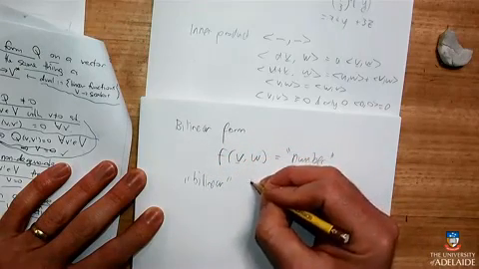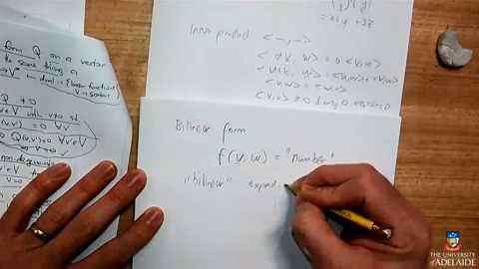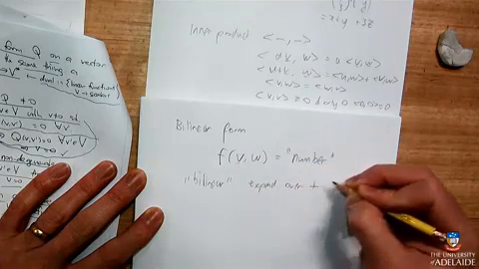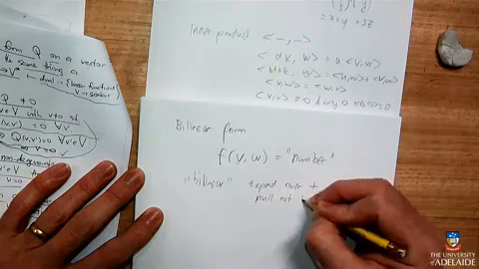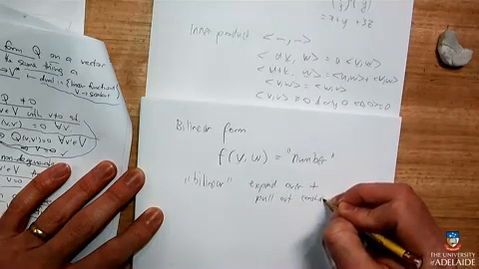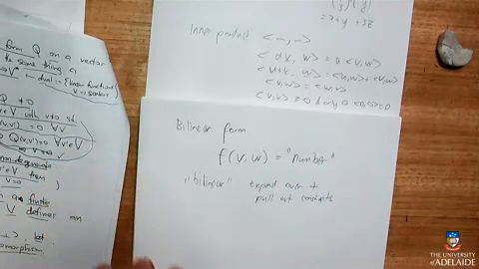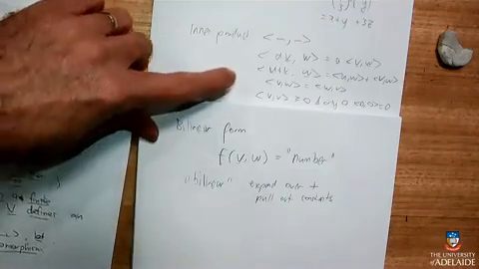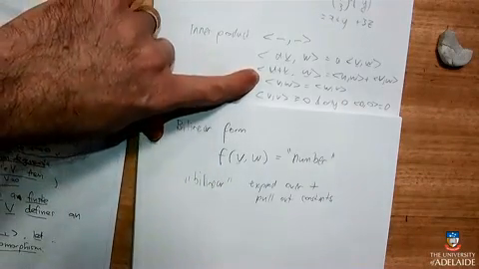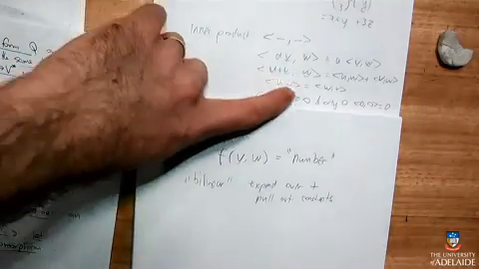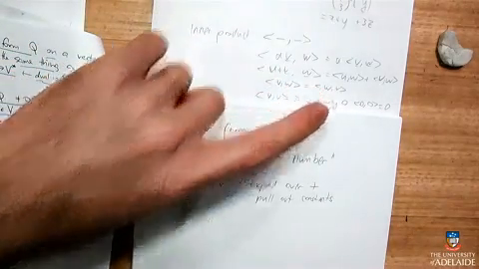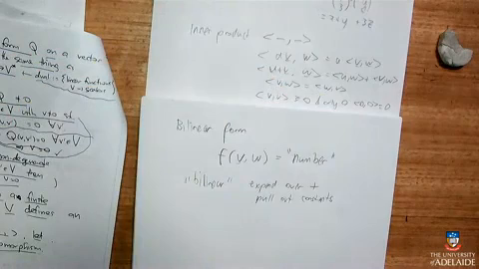It's expand over plus and pull out constants. Okay. And so a symmetric bilinear form has this bit as well. And a skew symmetric bilinear form would be minus if you switched it the other way. Okay? Yes.